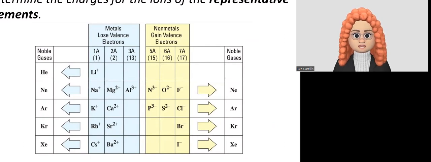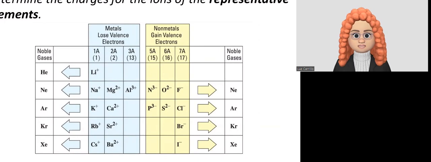You can see that lithium, once it loses one valence electron, is going to look like helium. Sodium, magnesium, and aluminum ions look like neon. Potassium and calcium ions will look like argon, and so on and so forth.